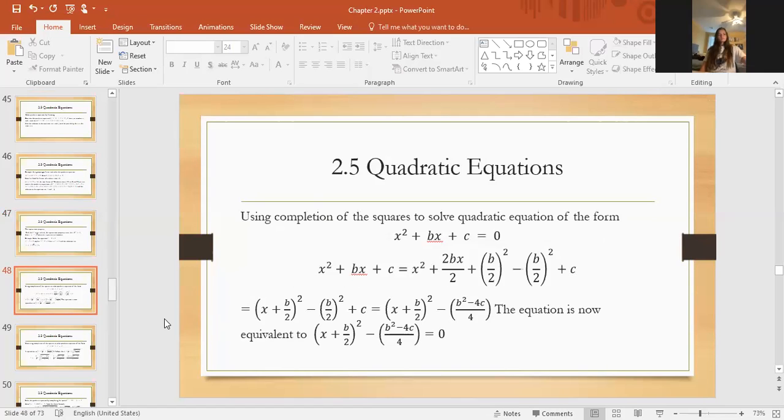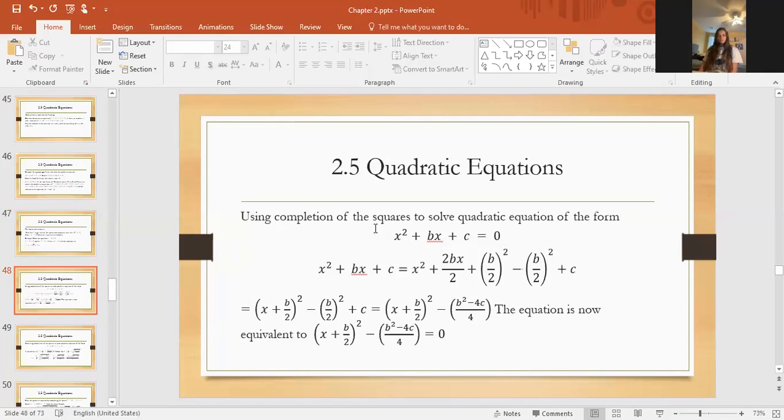Remember that a quadratic equation can have no solution, can have a double solution, or can have two solutions that are distinct.